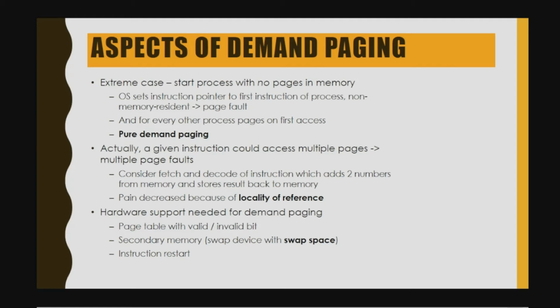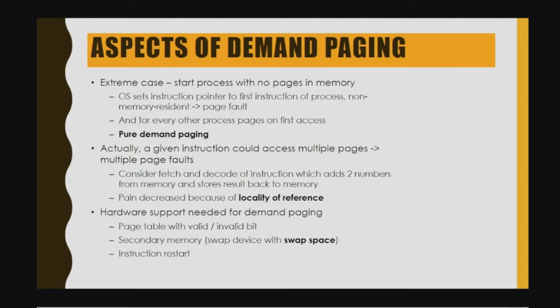And for every other process, pages fault on first access, and this is pure demand paging. Actually, a given instruction could access multiple pages, causing multiple page faults. Consider the fetch and decode of an instruction which adds 2 numbers from memory and stores the result back to memory. The pain decreases because of locality of reference.